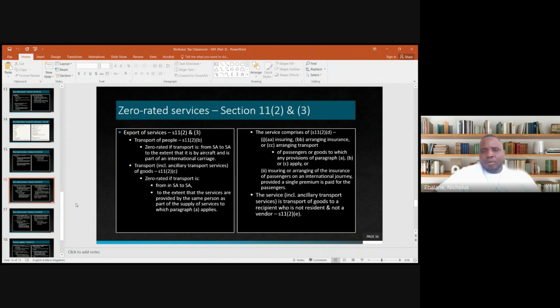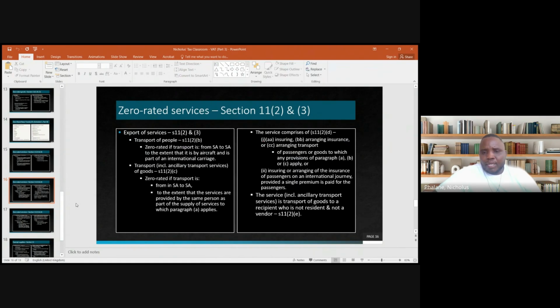So if SAA then requires that travel to be insured, that insurance service would be zero rated as well, because it's connected to that flight from SA to USA, which is zero rated. So this service of insuring that travel would be zero rated because the travel itself is zero rated in terms of Section 11(2)(a). All right. Happiness. Great.